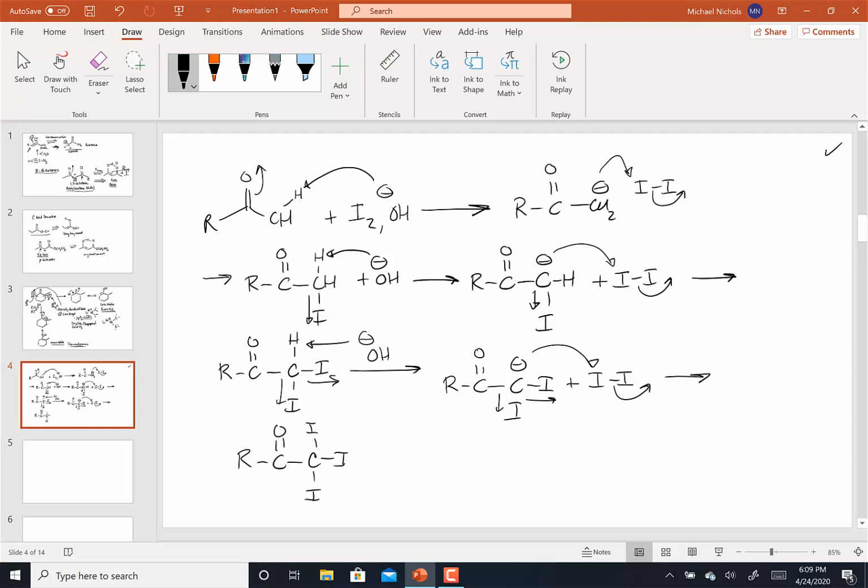But we are not done yet. The next hydroxide is going to be able to come in and attack that carbonyl carbon and have the pair of electrons move up to the oxygen. So I'm going to make my O- now with my hydroxide in place, and my carbon with 3 iodines on it.